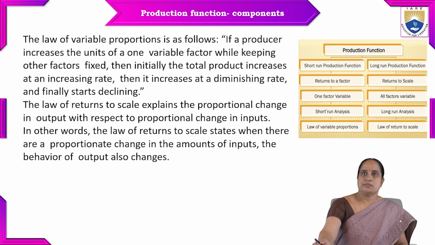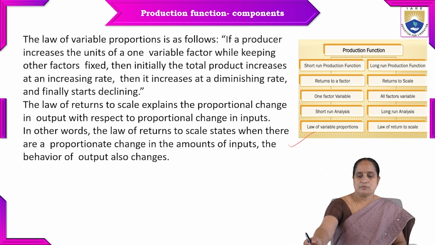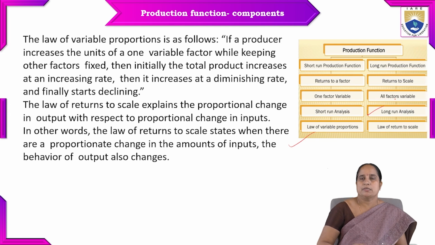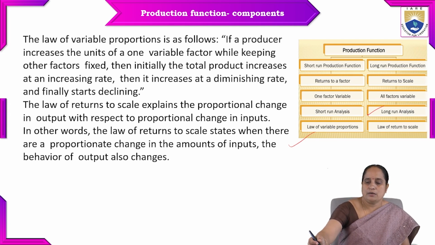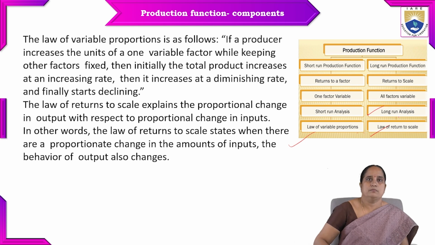The analysis done under this is short run analysis, known as the law of variable proportions. Coming to the long run, returns to scale, all factors are variable. The analysis done under this production function is long run production analysis, and the law applicable to this is the law of returns to scale.